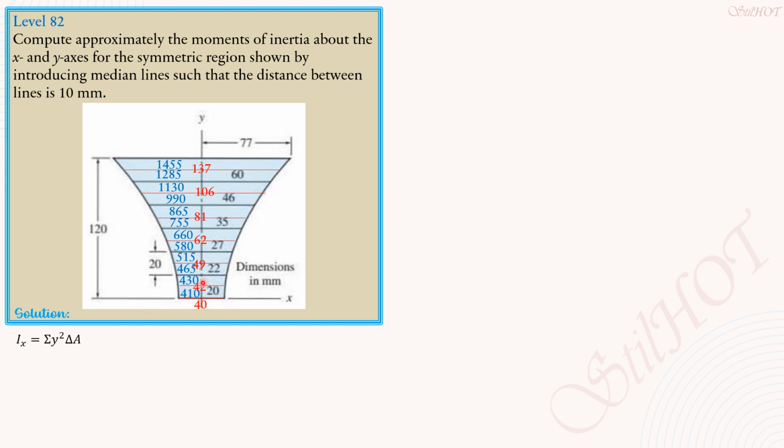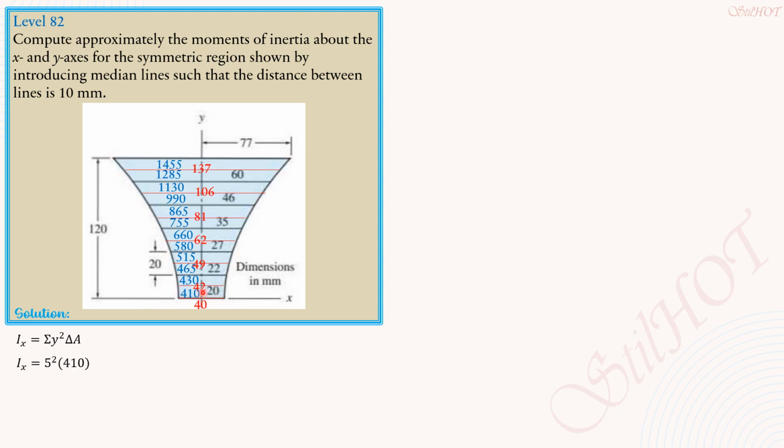Then for the next rectangle, it's 10 plus 5, so 15. So the distance increases by 10 as we move on, beginning with 5. Since this is 120, the last y for this last area is 115, 120 minus 5. Then delta A would be these areas here. So that's our guide.